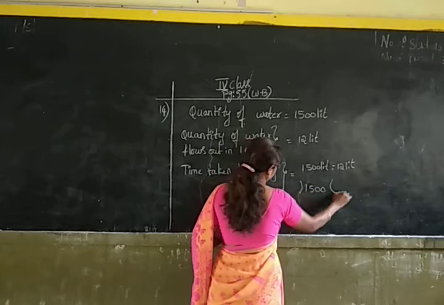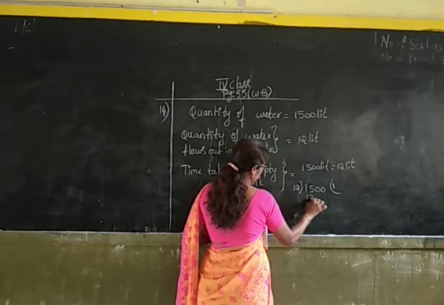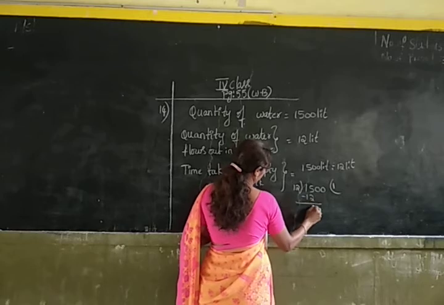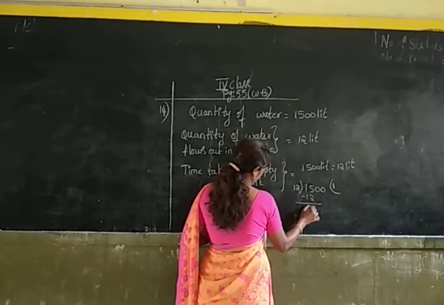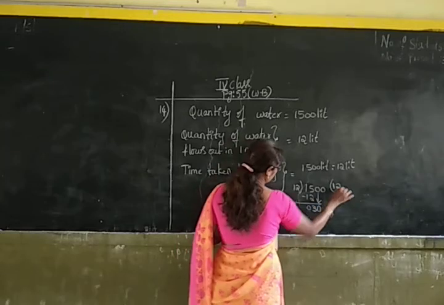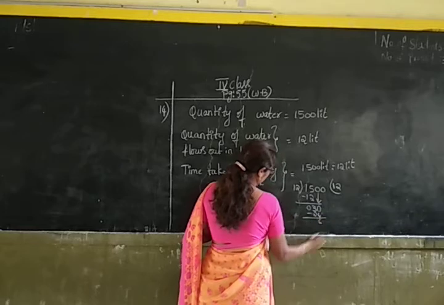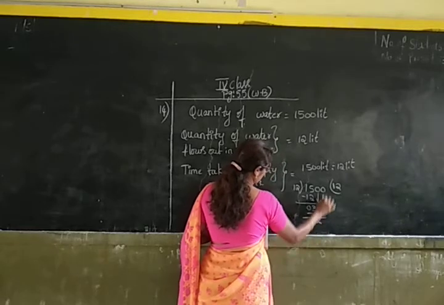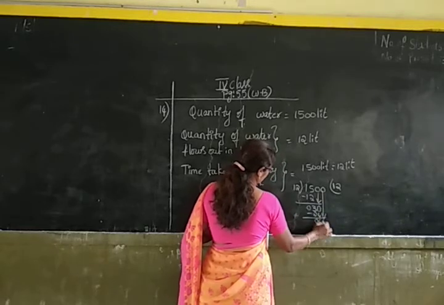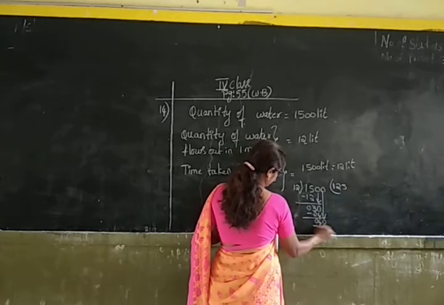1500 divided by 12. 12 ones are 12. So 5 minus 2 is 3. 1 minus 1 is 0. Bring down 0. 12 twos are 24. 10 minus 4 is 6. 2 minus 2 is 0. Bring down 0. 12 fives are 60.